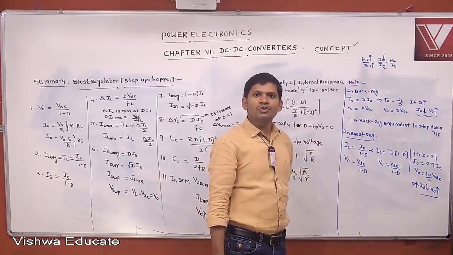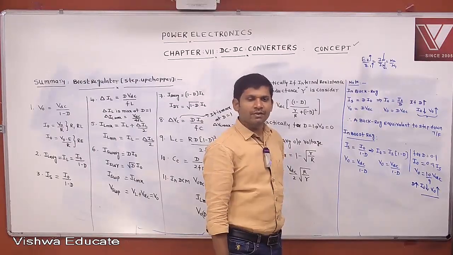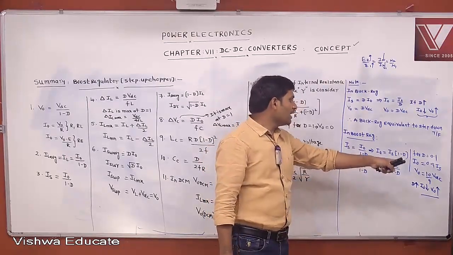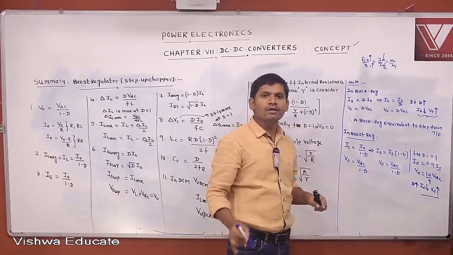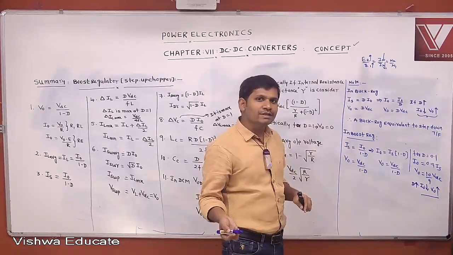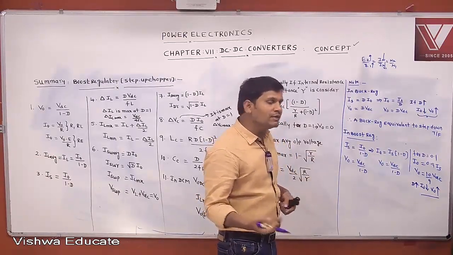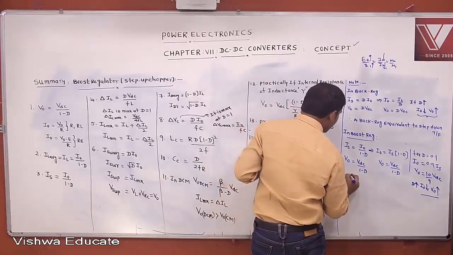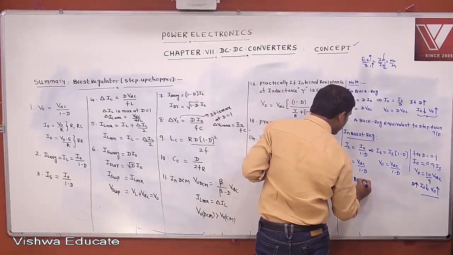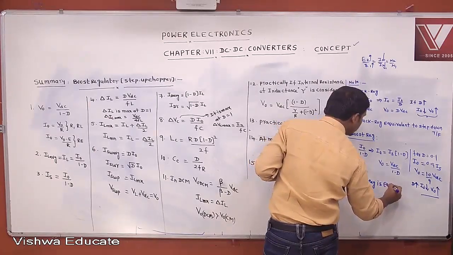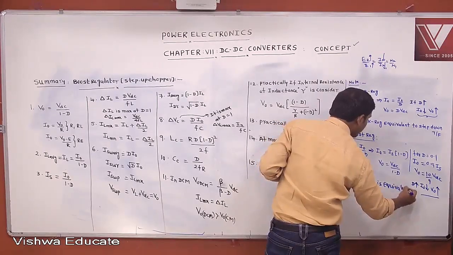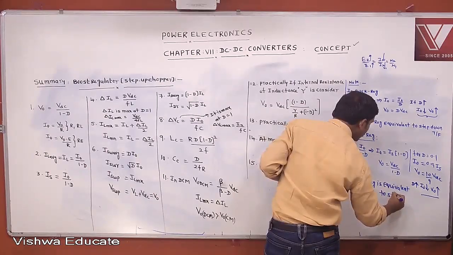Here also the same happens. But in the case of boost regulator, output voltage always increases. We can step up the voltage. That's the reason a boost regulator is equivalent to a step up transformer.